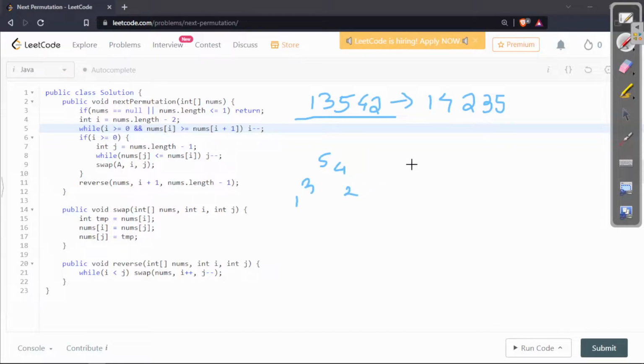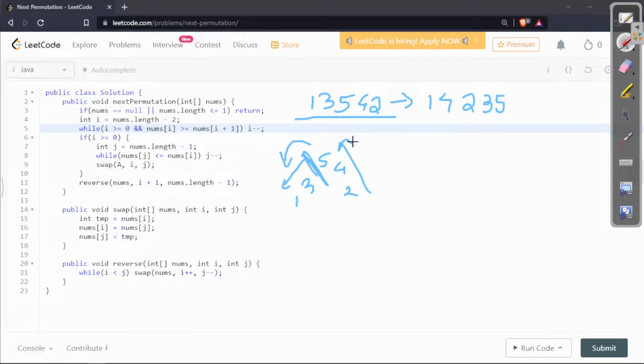If you look at the dictionary order, the number is first increasing and then again it is decreasing. So we have to find this breakpoint, the point where the number starts decreasing.